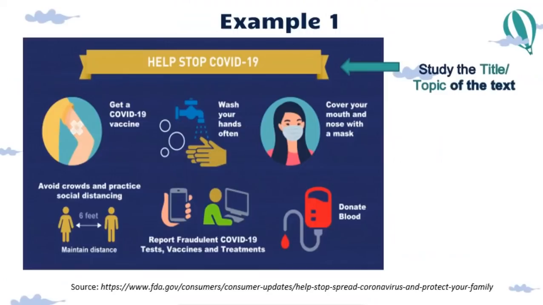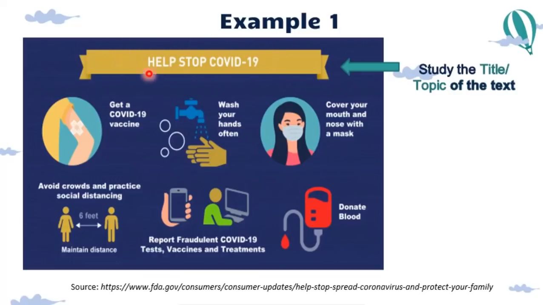In example 1, you will see a non-linear text. This is an infographic. And usually an infographic comes with a title or a topic. So you can understand the main idea by looking for the topic. Here we can see that the topic is about how to stop COVID-19.